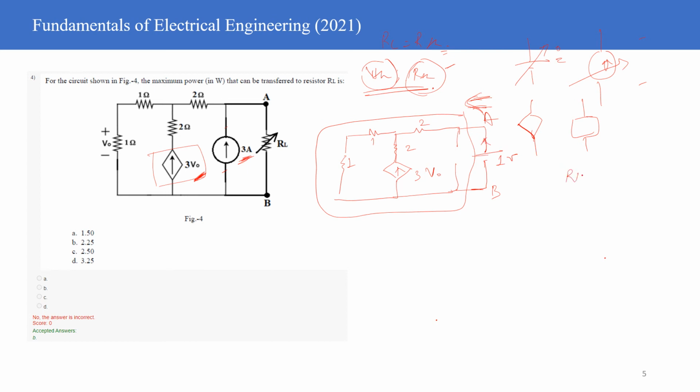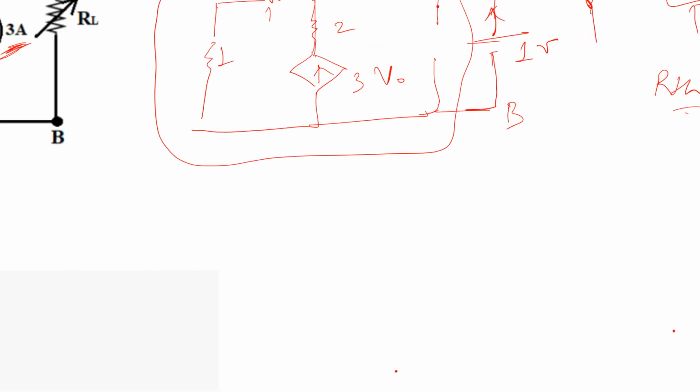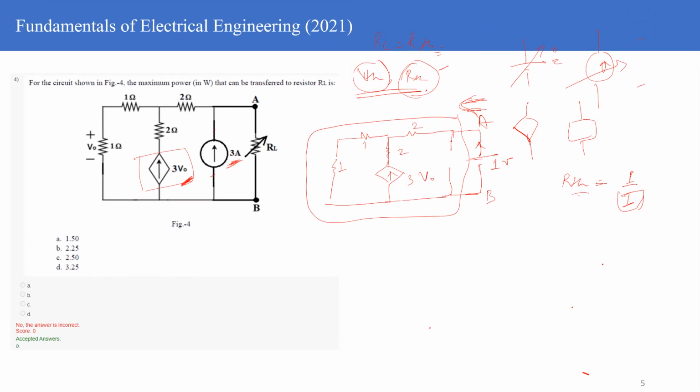The effective resistance will be equal to 1 volt divided by the current I. So you need to figure out what current I will flow out, and based on that you can figure out the value of R Thevenin. That's very straightforward. So how do you do that? You will take the voltage here as V.